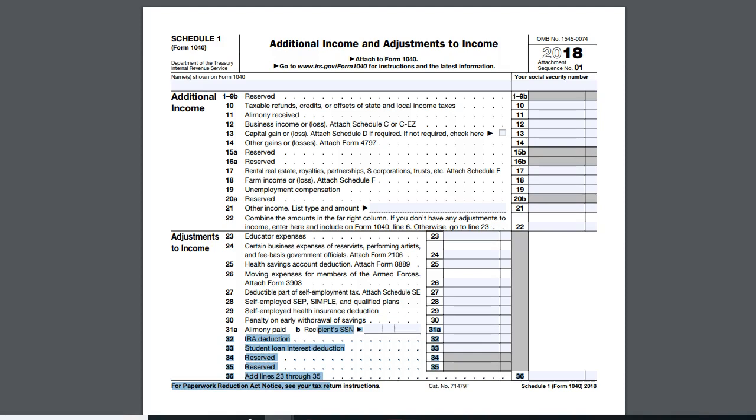And 29 is the self-employed health insurance deduction. So if you're truly self-employed, and you may also work a job that has no benefit packages whatsoever, then you still have to have your own health insurance plan that's going to protect you and your family going forward in life. And then 31A is alimony paid.